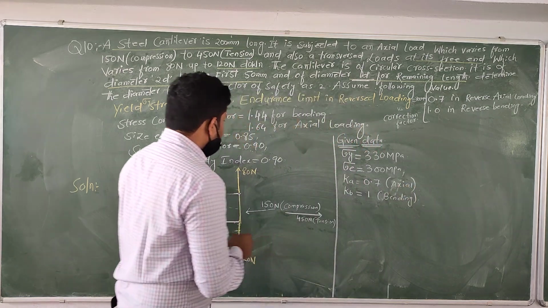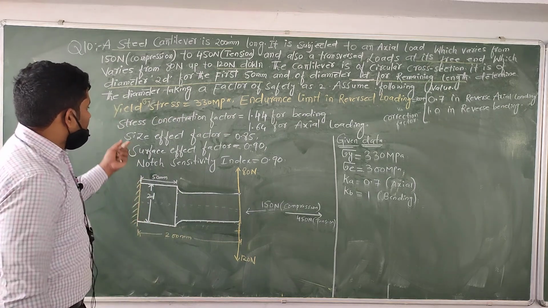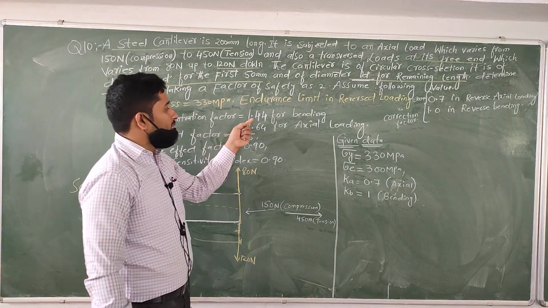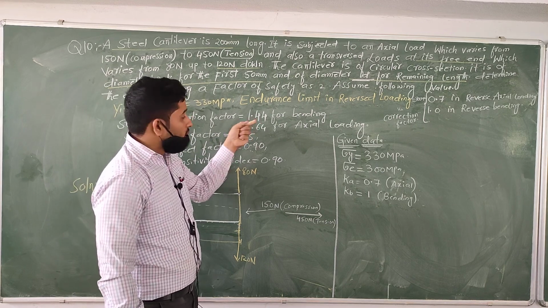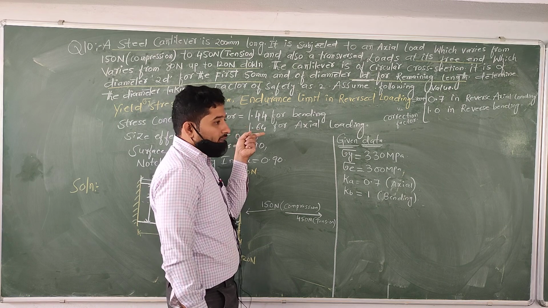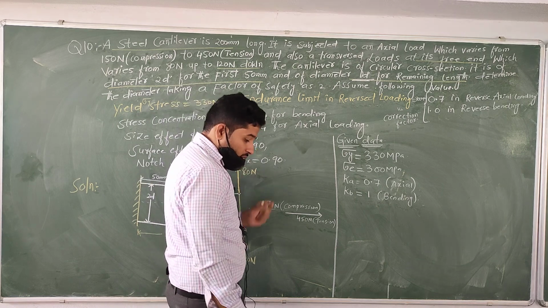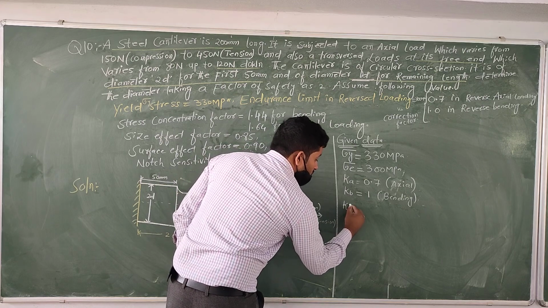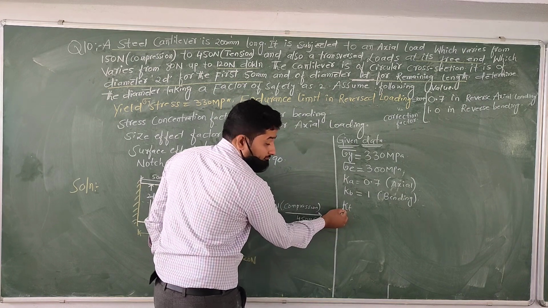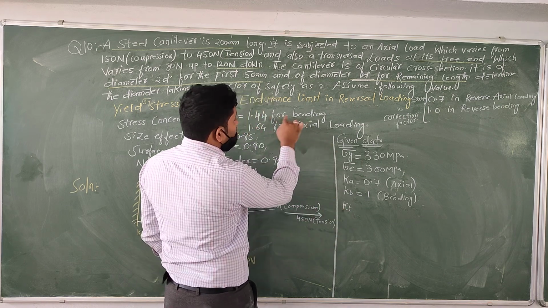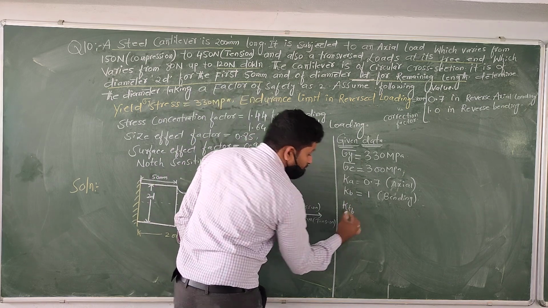Okay dear, as well as here the stress concentration factor for the bending is given as 1.44, and the stress concentration factor for the axial is given as 1.64. Then the stress concentration factor is represented by Kt, but for the bending we have to represent by Ktb.